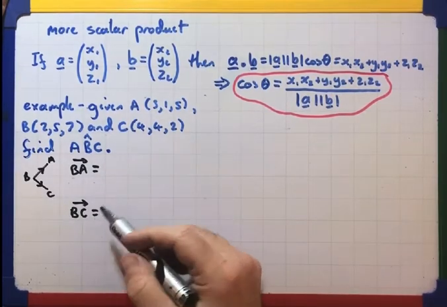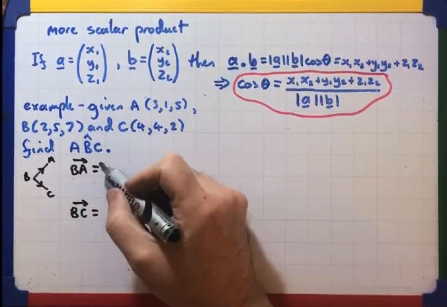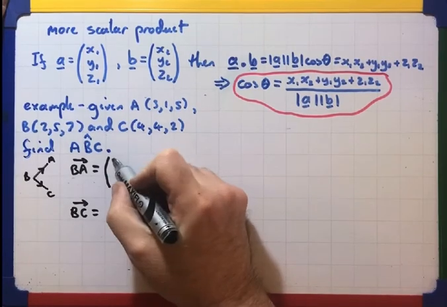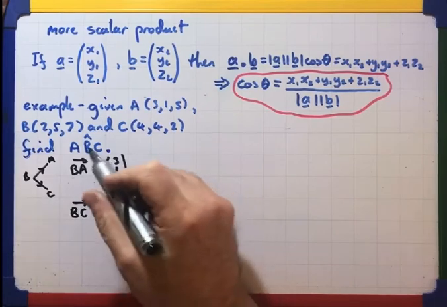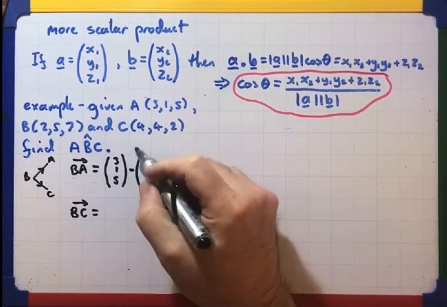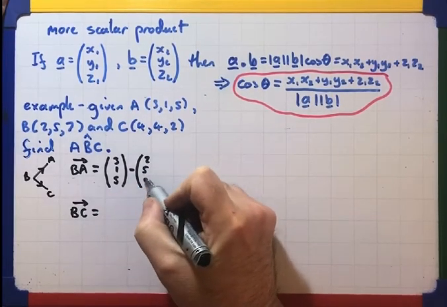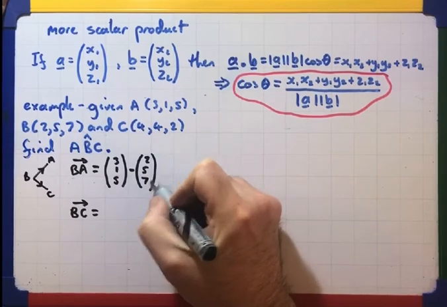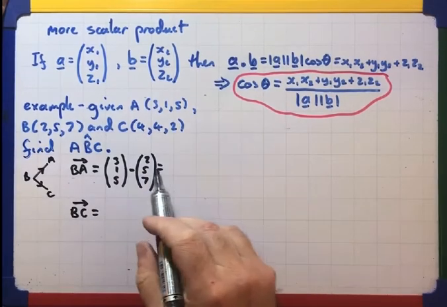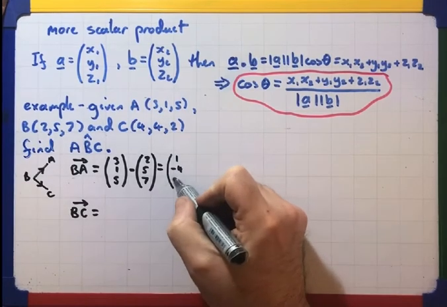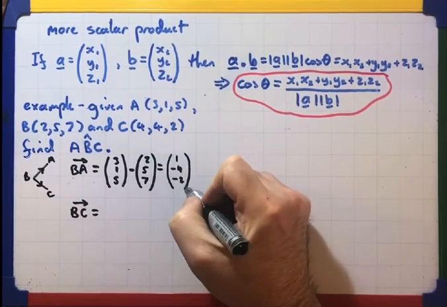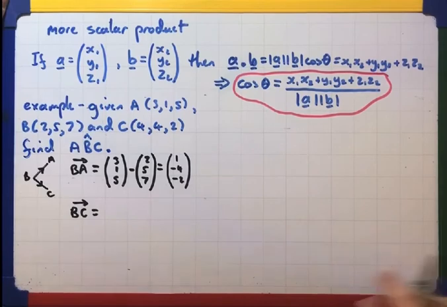Remember, you think of BA as A take away B. Write it in component form. That's the position vector of A, take away the position vector of B, which is 2, 5, 7. If we work that out, we've got 1, minus 4, minus 2. That is vector BA.